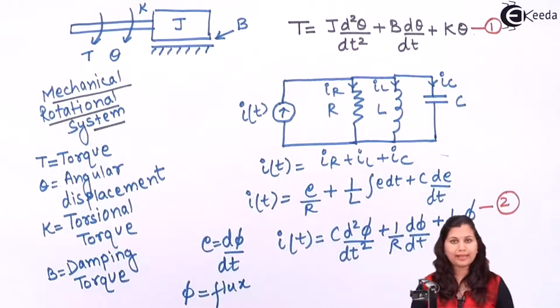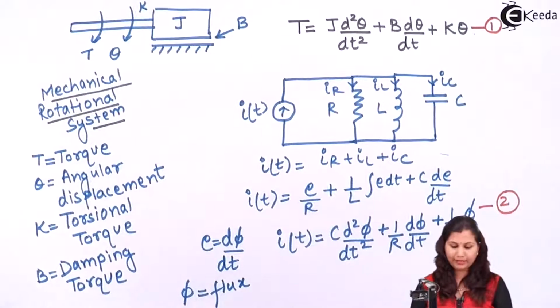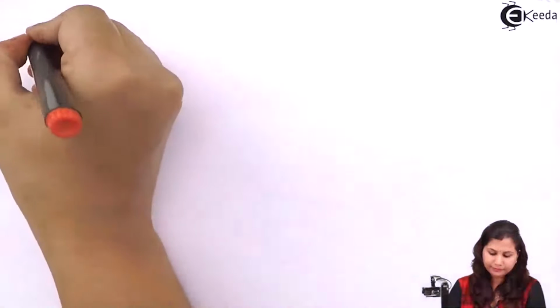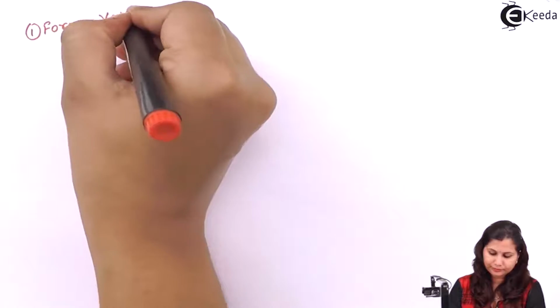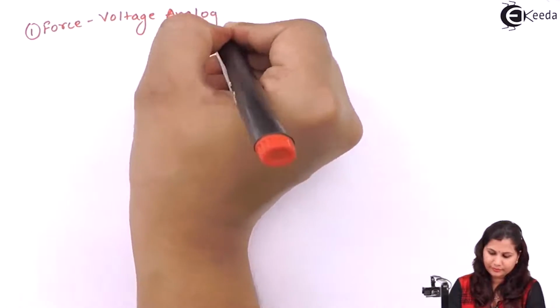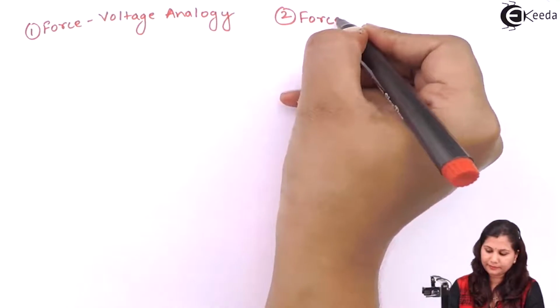So let's summarize what we have to replace in the question. The analogous systems can be represented by two ways. So there are two ways to find out the analogous system. First is the force voltage analogy, and second is the force current analogy.